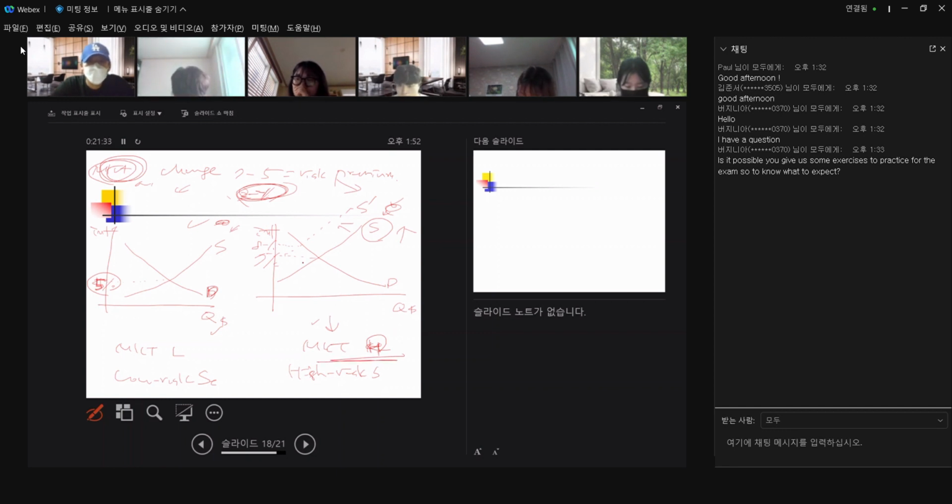Then we assume that there are two markets and the total amount of supply is fixed. Okay, for example, 10. Then in this example, the total amount of supply is 6 in market L and 4 in market H, for example. But if the risk of securities traded in market H is increased, then the total amount of supply is decreased to 3 from 4, right? Then the total money supply is fixed, okay?